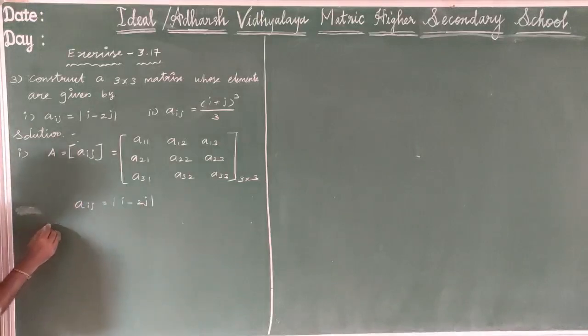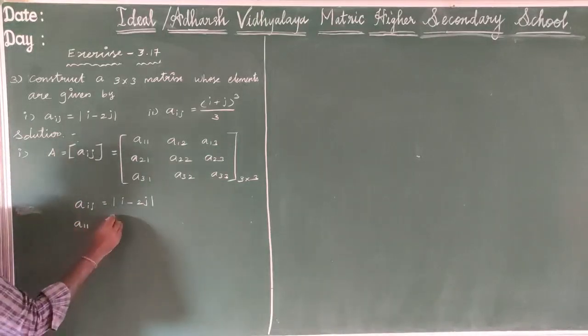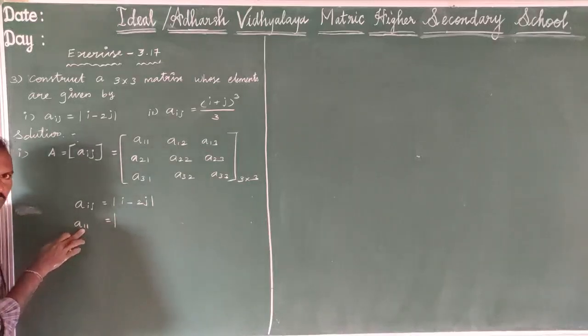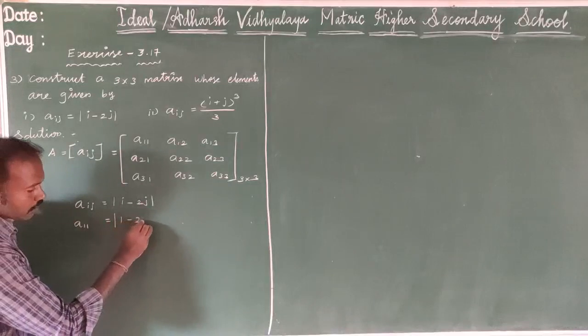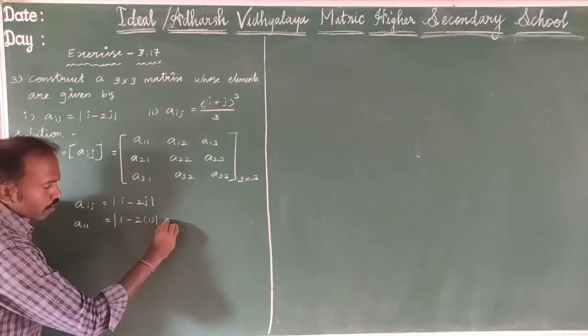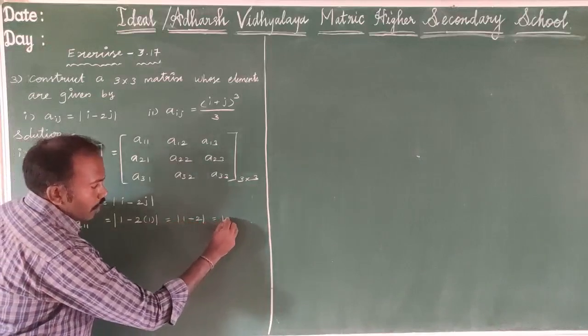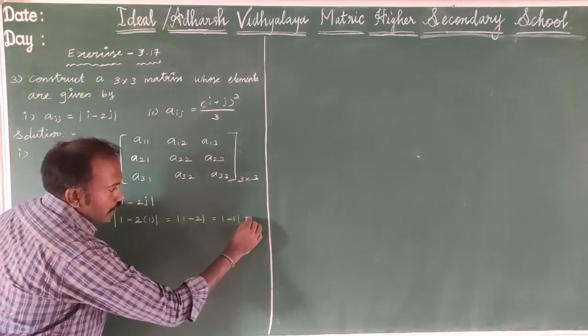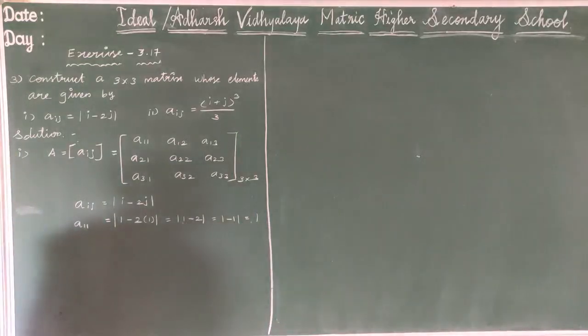First element A11 is equal to modulus, here i is equal to 1 and also j is equal to 1. Then 1 minus 2 into 1 is equal to 1 minus 2. We get modulus minus 1, that is equal to plus 1. Modulus always gives positive value, right?